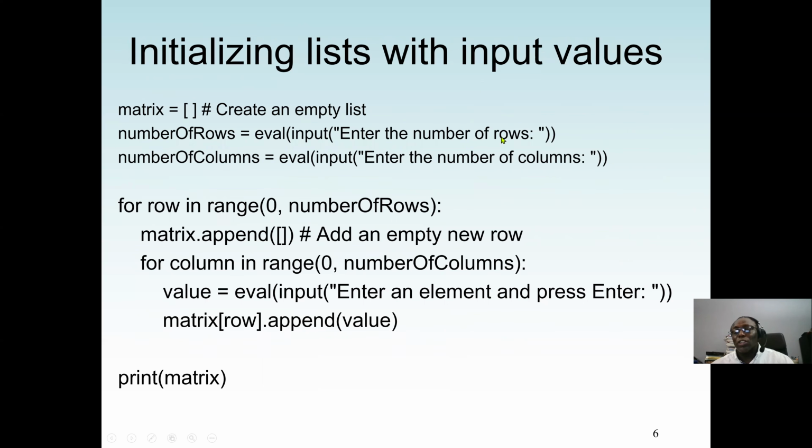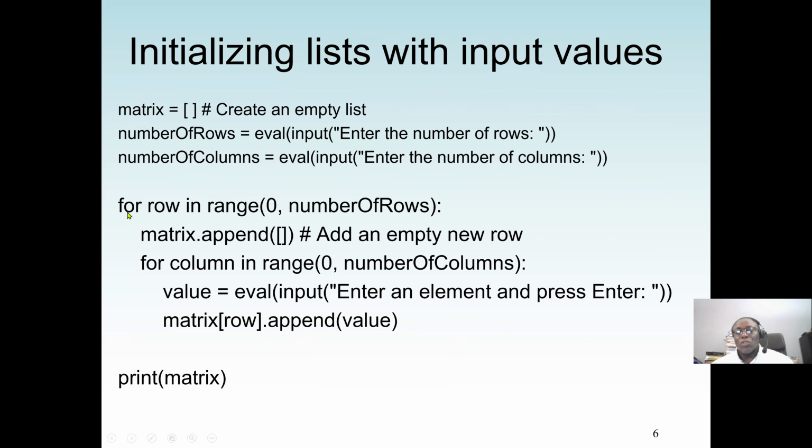Here we want the user to enter the size of the two-dimensional list. First, we use the input function and ask the user to enter the number of rows we want. Then we use the input function again to ask the user to enter the number of columns. That will give us the size of the list. Again, the list name is matrix.